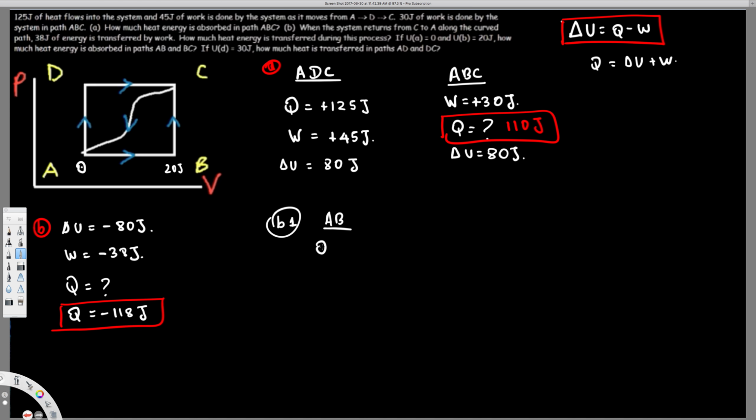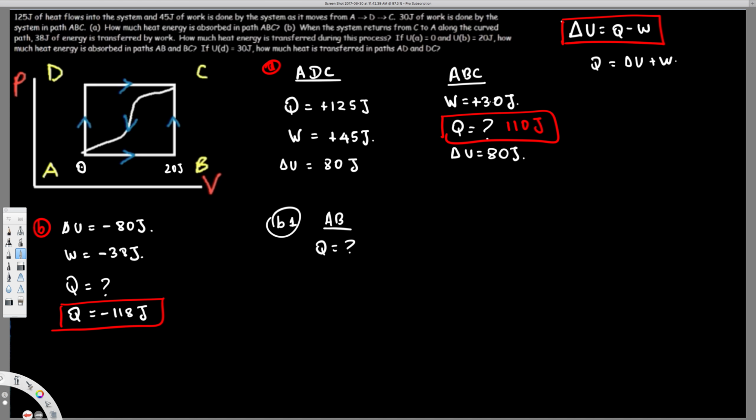We are trying to find Q, right? How much heat energy is absorbed by the path AB and BC. So let's do the AB first. To find the Q, we know that we need delta U and W. A to B to C, the work is this much, 30 joule, right?